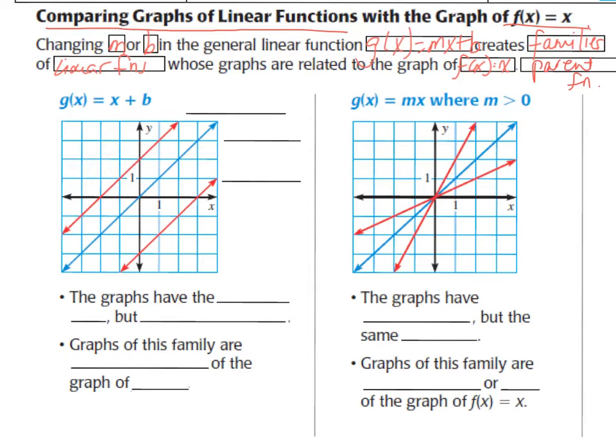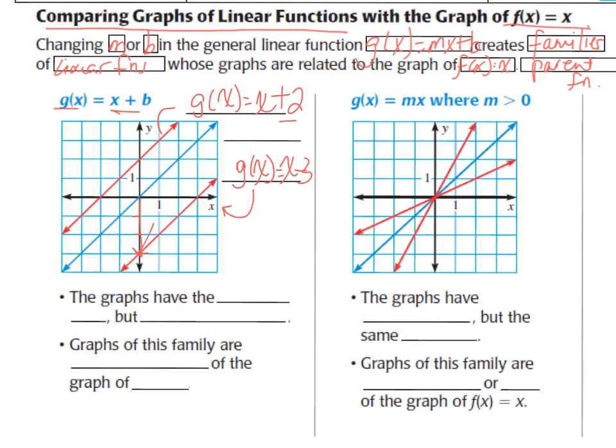If I give you g of x equals x plus b, I can label this graph as g of x equals x plus 2. And this graph would be g of x equals x minus 3 because it shifted down 3 units.